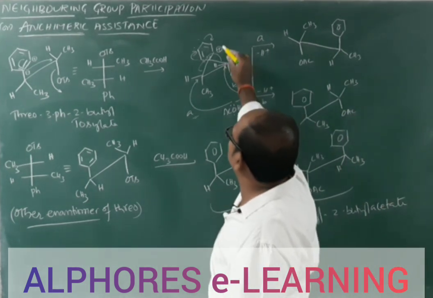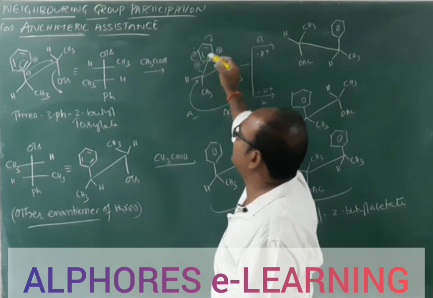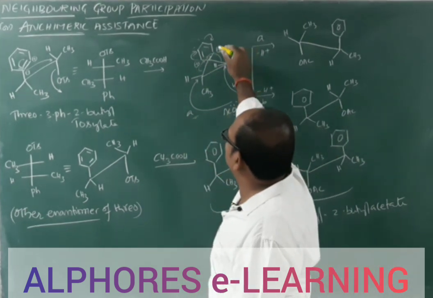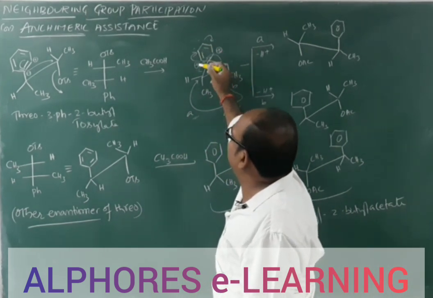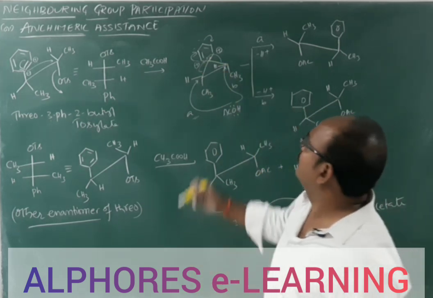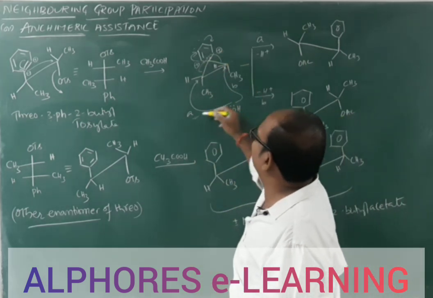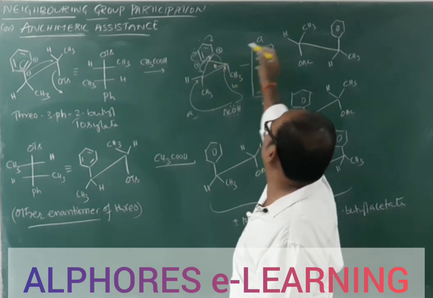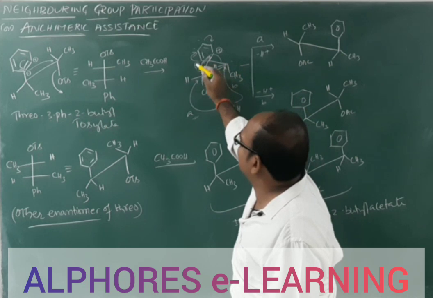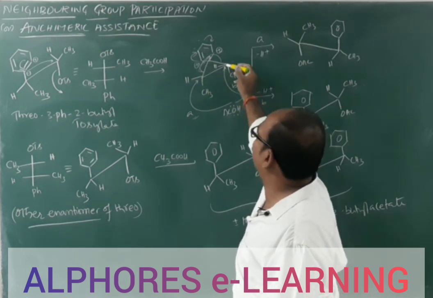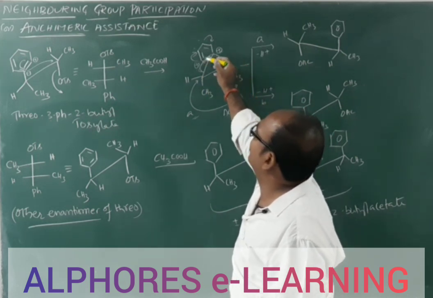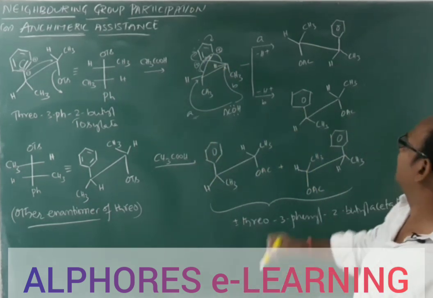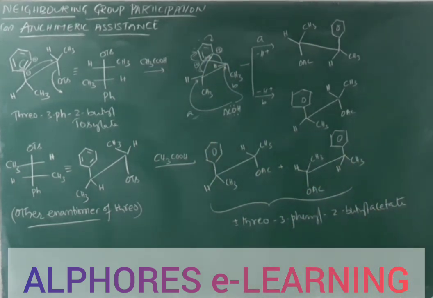Now the positive charge you may get here or here. There are two possibilities. Initially we show here, when these electrons are shifted here, you are getting positive charge. So when the positive charge is here, the acetic acid molecule approaches like this, these electrons shift like this, then you can get this product. When the positive charge is here, if you consider, the acetic acid molecule attacks upon this carbon and these electrons are shifted towards the next one, and as a result you are getting this product.